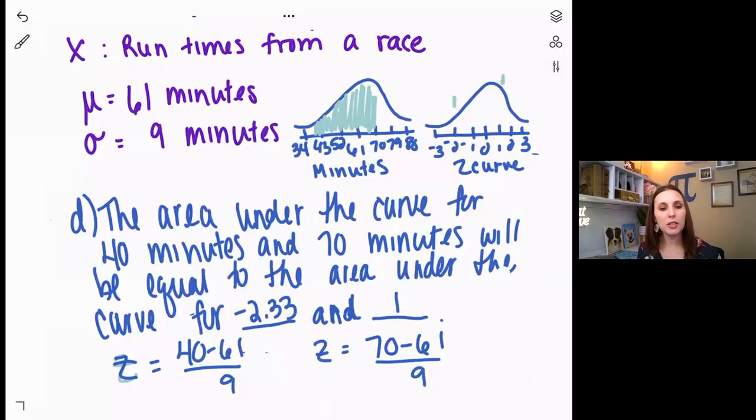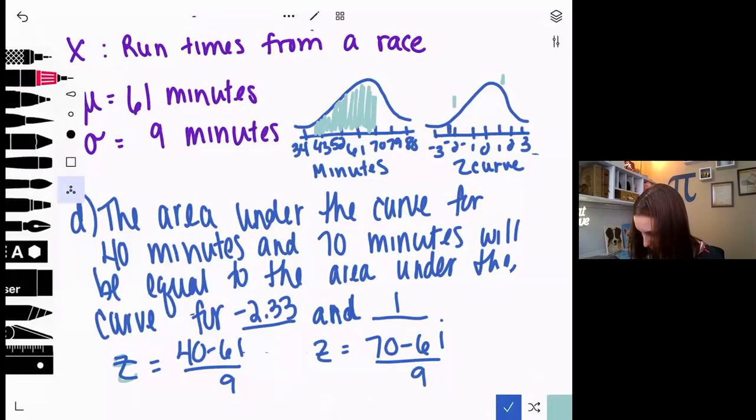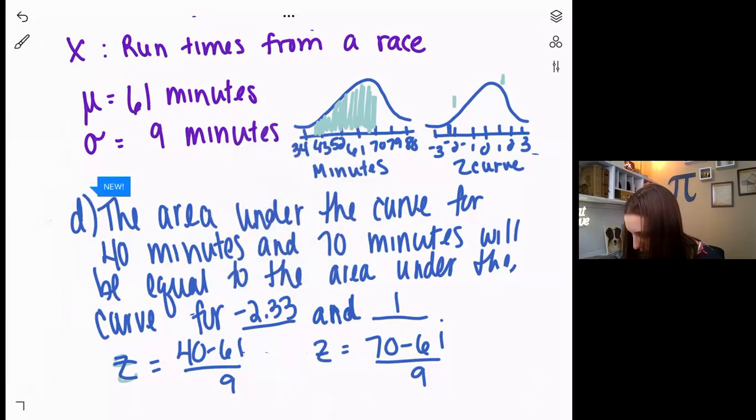And you should get that it would be equal to the area under the curve between negative 2.33 and 1, which you can see above my sketch is pretty close to that. That's going to be about here, and from here to 1 exactly there.